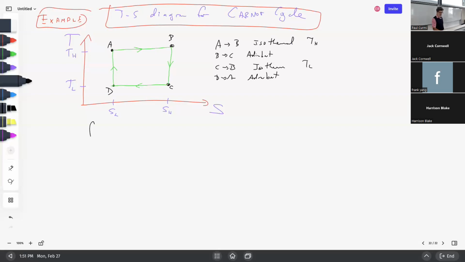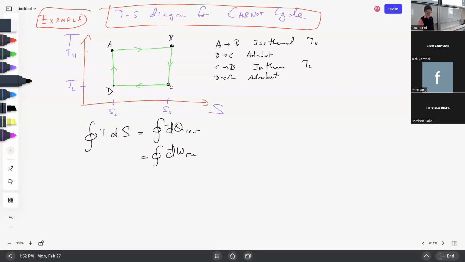Okay, so the integral around the circle of TdS is equal to the integral around the circle of d bar Q reversible. And it's actually also equal to the integral of d bar W reversible.